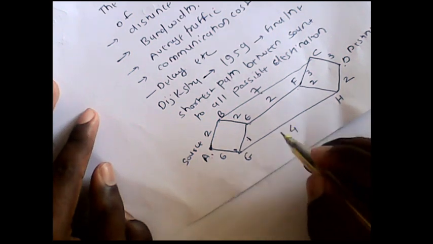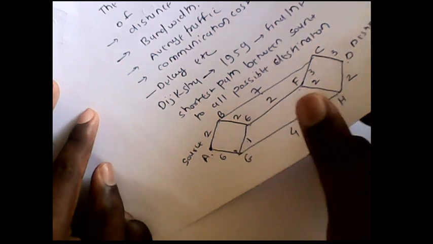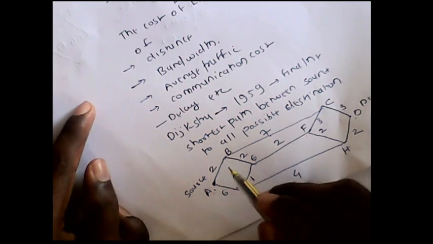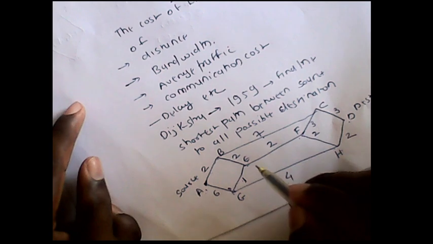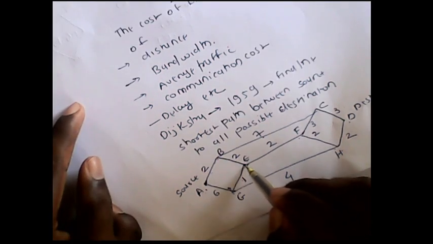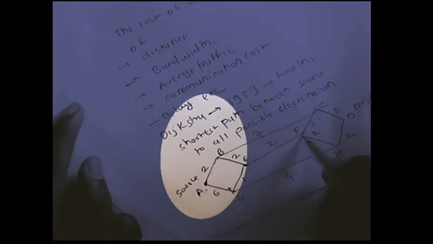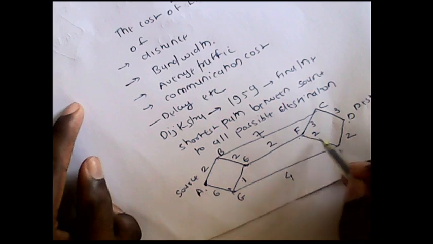Here the cost from G to F, if we calculate, is 9, but we find the shortest path. Here again we return to this path, then we find there is 4 plus 2, there is a 6, and there is an 8.